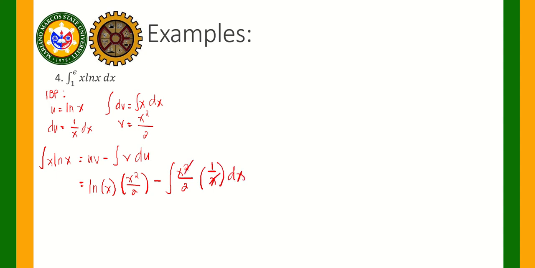This will cancel. So, we will be left with x squared over 2 ln of x minus, okay, so isolate natin si constant, 1/2 times the integral of x dx.